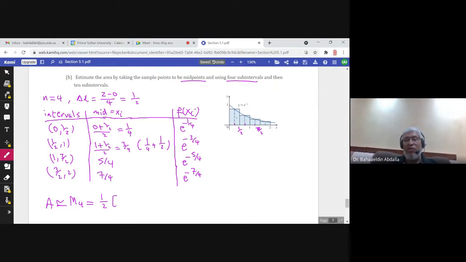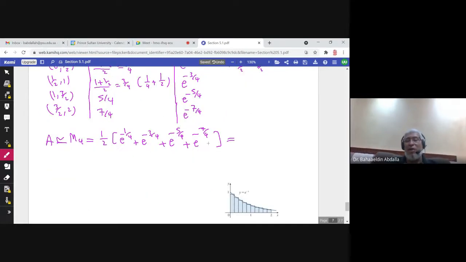The height of the first rectangle is e to the power negative 1 over 4, then the height of the second, the third, the fourth, and you can put these in the calculator and find the number. This will give you the approximation of the area.